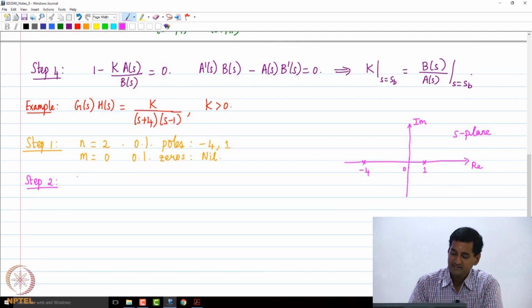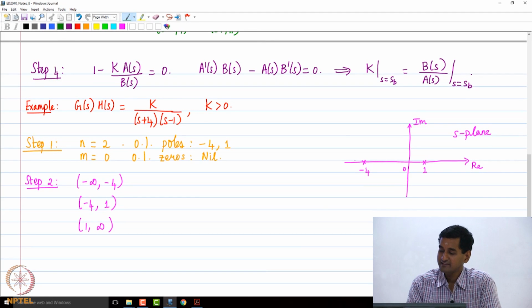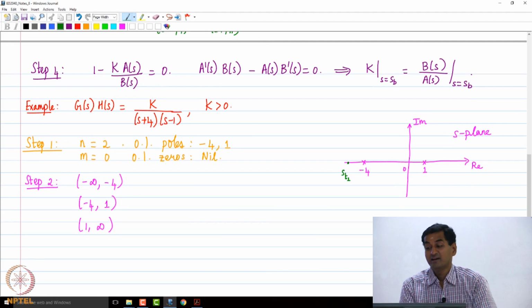We immediately see that the real axis is divided once again into 3 regions: -infinity to -4, -4 to +1, and 1 to infinity. Now if we take a test point here, ST1, and look to the right, how many open loop poles and open loop zeros do we have? 2, and that's even. So now -infinity to -4 lies on the root locus. Now what about -4 to +1?